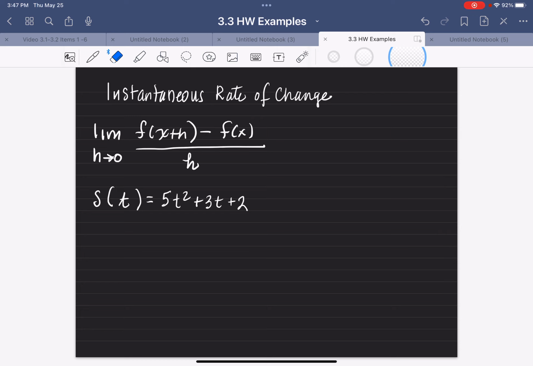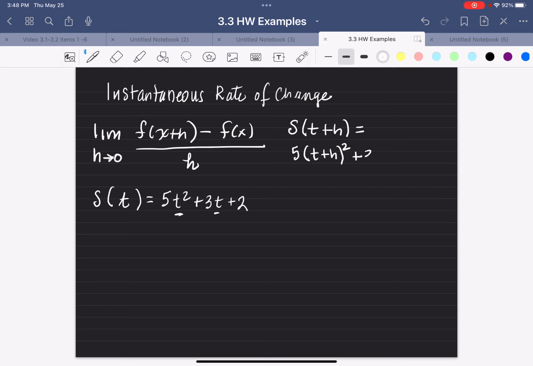All right? So I've got to find the value of the function at t plus h or x plus h. All those t's could be x's, so it doesn't really matter. So I have s of t plus h is going to be 5 times t plus h squared, because every time I have a t, I'm putting in t plus h, plus 3 times t plus h plus 2.